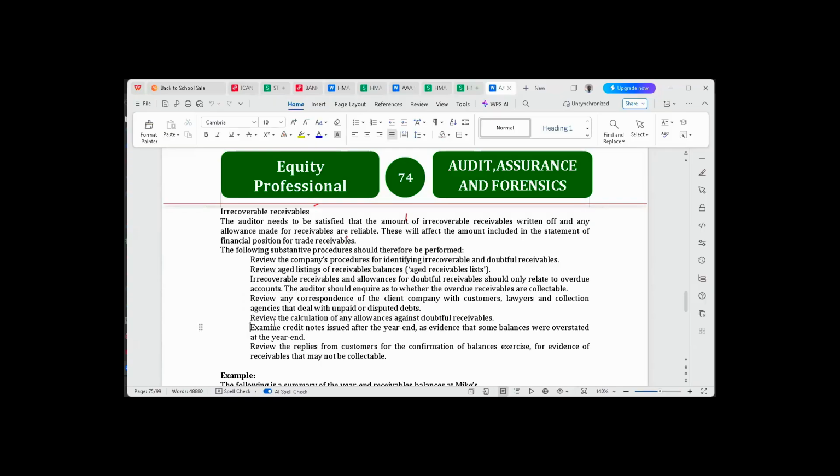Sometimes the customers might also be given a credit note saying you can pay within 2 months or 90 days, and you will get a waiver on what you owe. For instance, let's say you are owing 1 million. If you pay within 60 days or 90 days, you pay 950,000 as against 1 million.